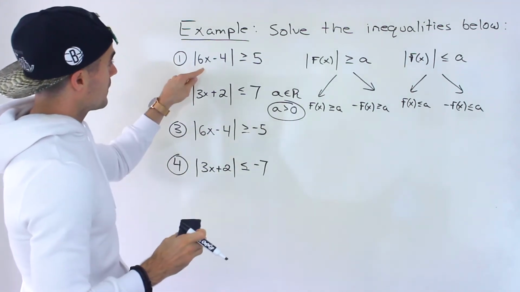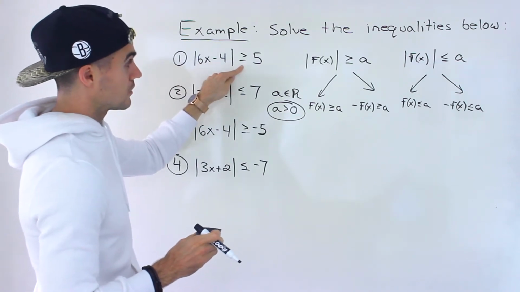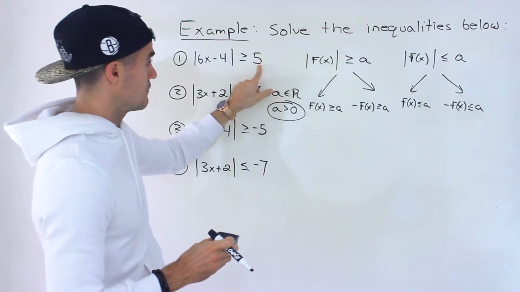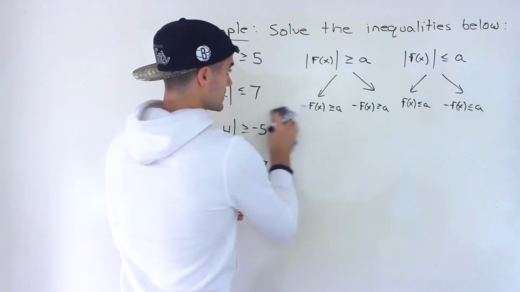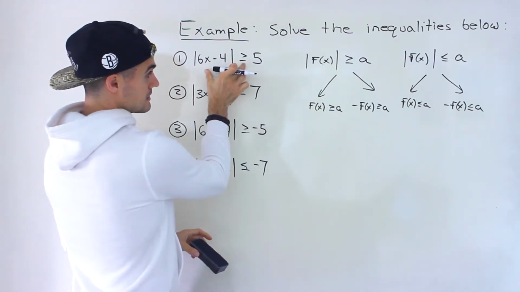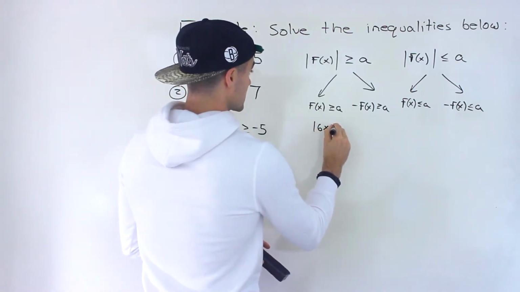And so notice with number one, we have the absolute value of 6x minus 4 is greater than or equal to 5. So notice that that's this format over here. The a value is greater than 0. And so I'm just going to erase this here. Taking this and rewriting it here, basically we have the absolute value of 6x minus 4.